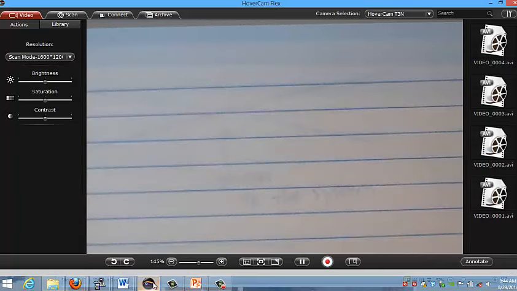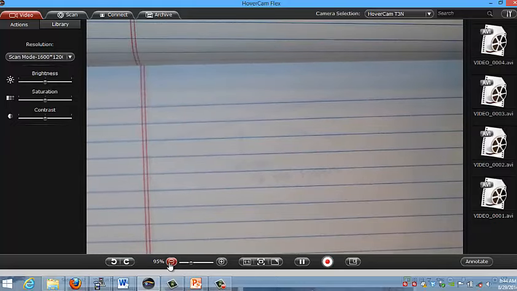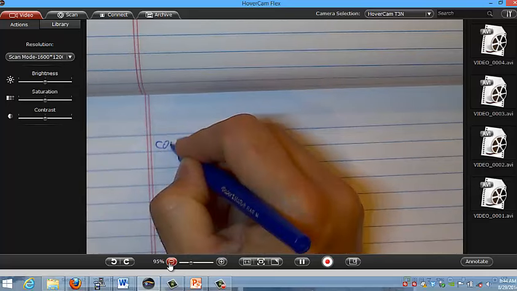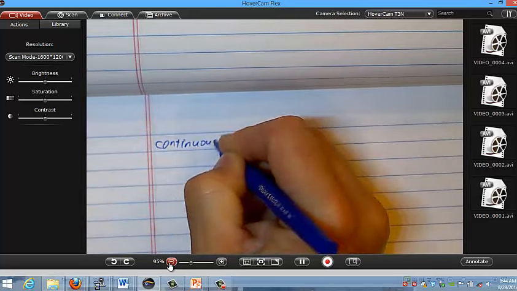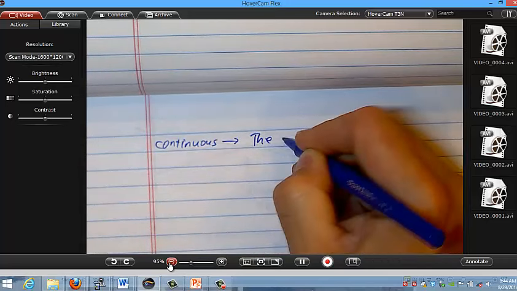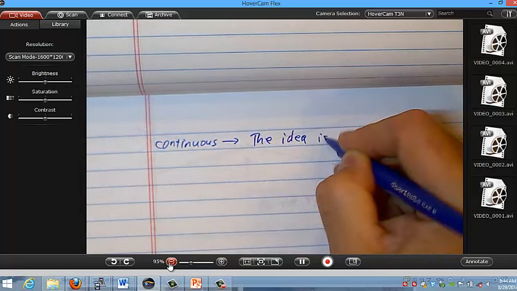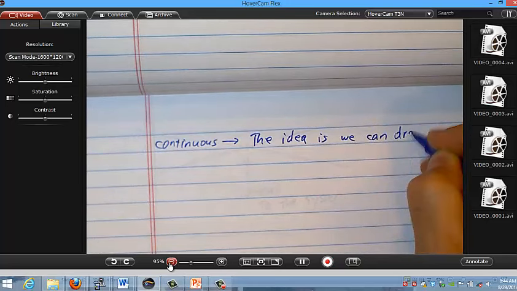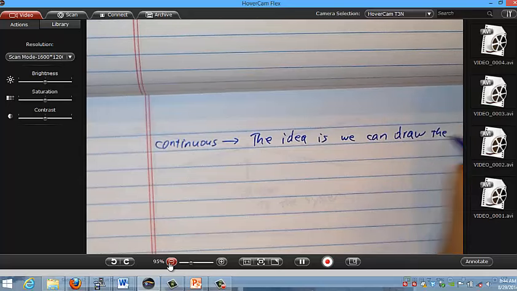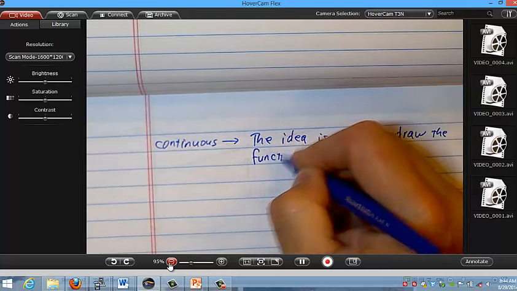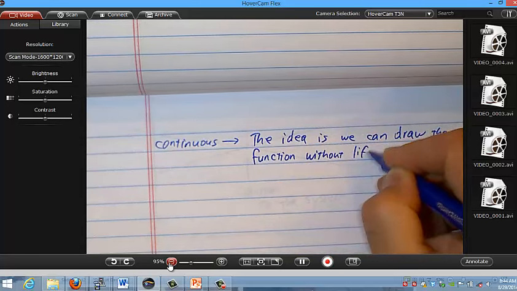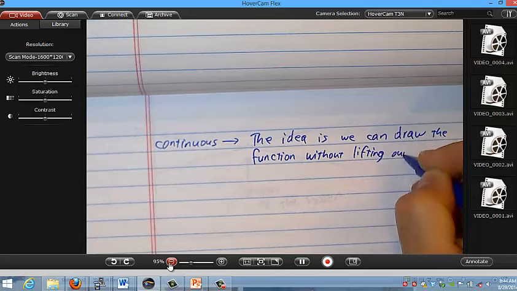So the word continuous. When I give the definition of continuity, if I'm teaching an algebra class, I'll tell people that the idea is we can draw the function without lifting our pencil, whatever that means.